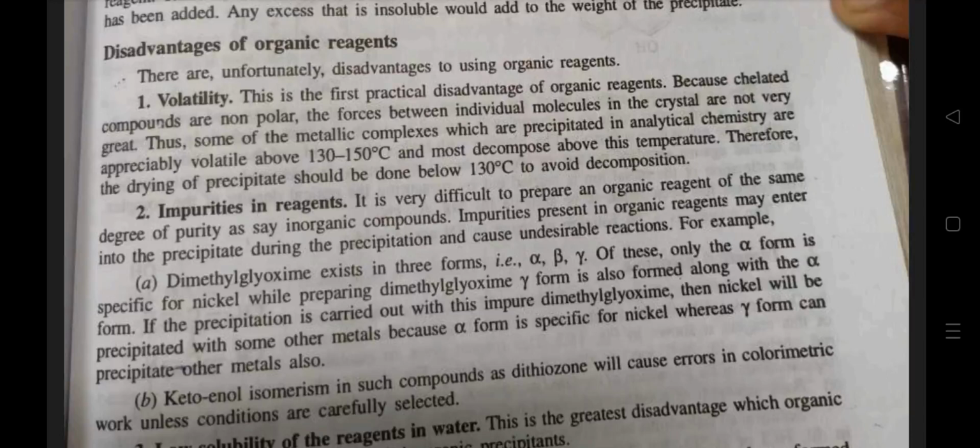While preparing dimethylglyoxime alpha, gamma form is also formed along with alpha form. If the precipitation is carried out with this impure dimethylglyoxime, then nickel will be precipitated with some other metals because alpha form is specific for nickel, whereas gamma form can precipitate other metals also.